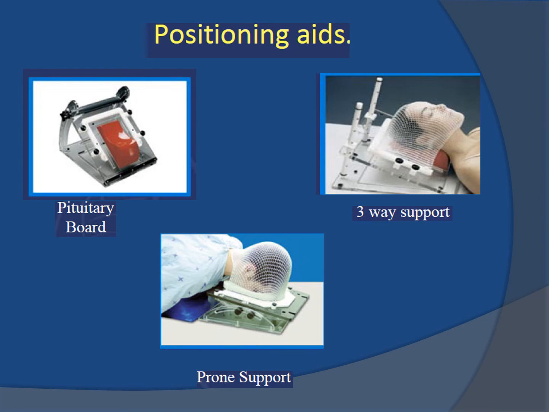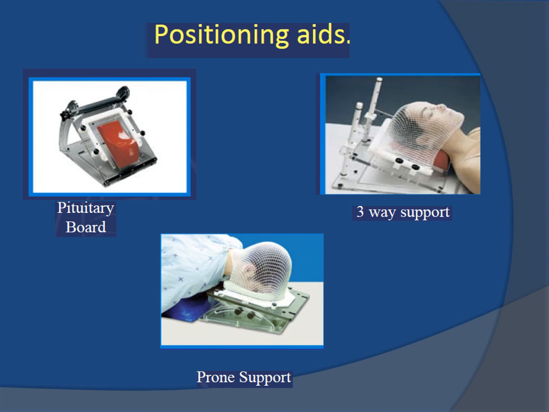Why do you need positioning aid? You should fix your patient well during the setting of radiation therapy, because if the patient moves 1 centimeter, this means that part of the tumor moves away from the radiation field and part of the normal tissue enters the radiation field. So we use positioning aids for fixation of the patient, to immobilize the patient during the radiation setting.